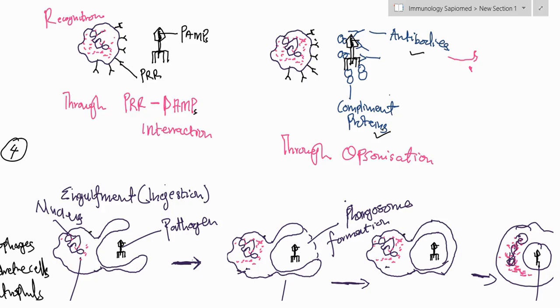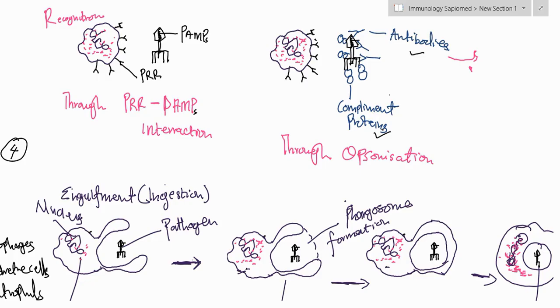That is what we call opsonization. It's not only the antibodies that are responsible for opsonization, the complement proteins as well. When we do the complement system, you realize that some of the complement proteins act as opsonization agents, opsonizing the pathogen, making it so sweet, so delicious for the immune cells to engulf. These are the 2 main ways the immune cells or the white blood cells are able to recognize the pathogens and engulf them.